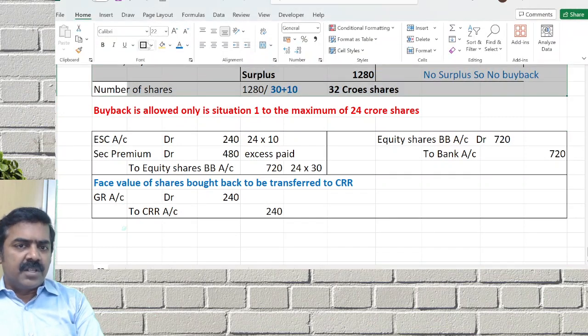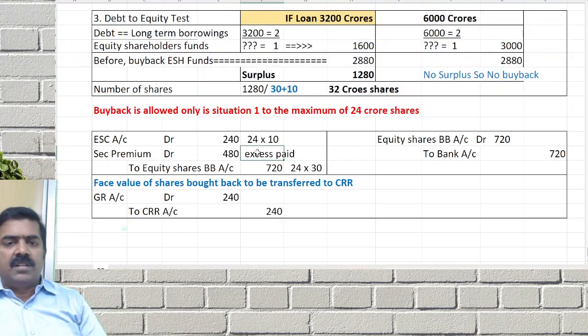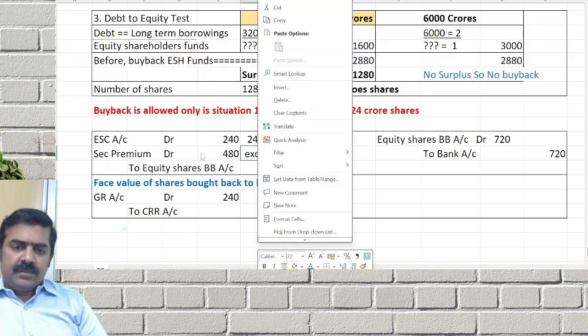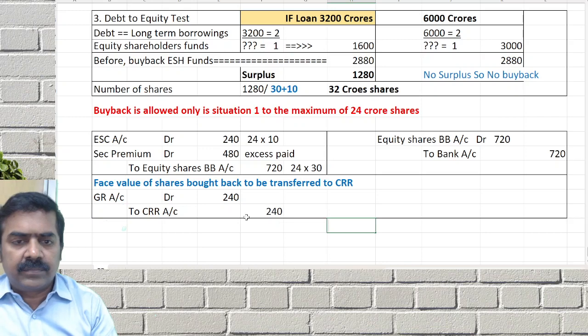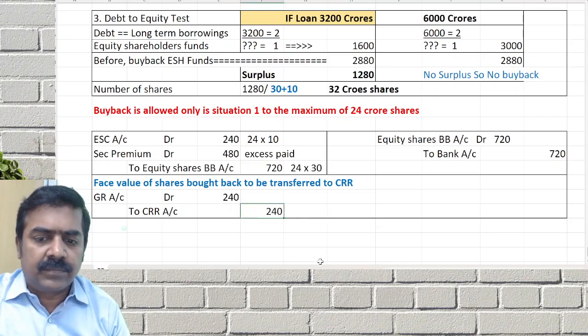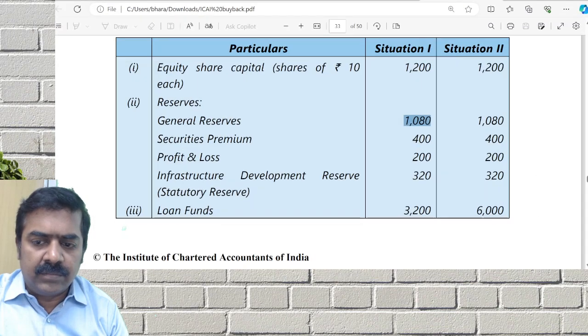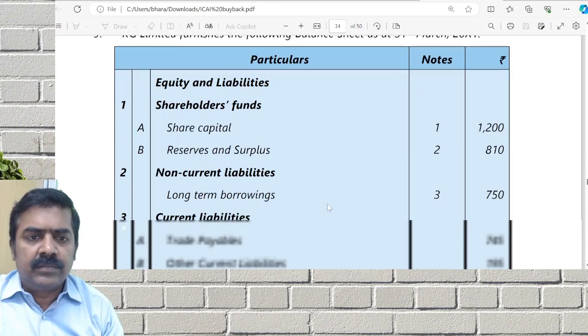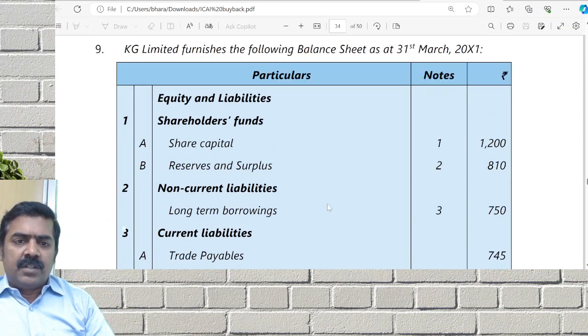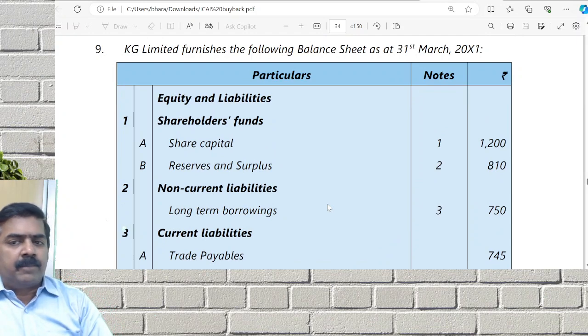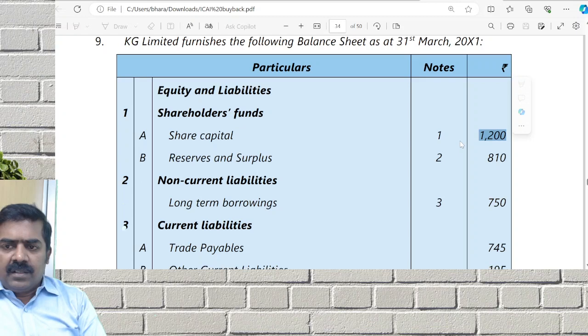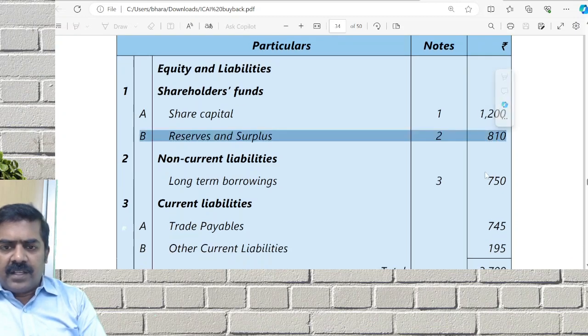Try which question next? 9th question. Look at this question number 9. Share capital it is given 1200. Then reserves and surplus 810.